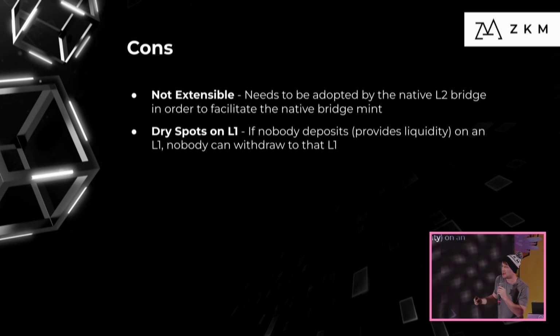So for example, in order for me to use this in Optimism, I'd have to convince the DAO to open up their L2 mint to be able to facilitate native Ethereum. That's how it's done right now, with the ZK proof bridging. In this case, they need to make sure that everything is audited, secured, and everything.